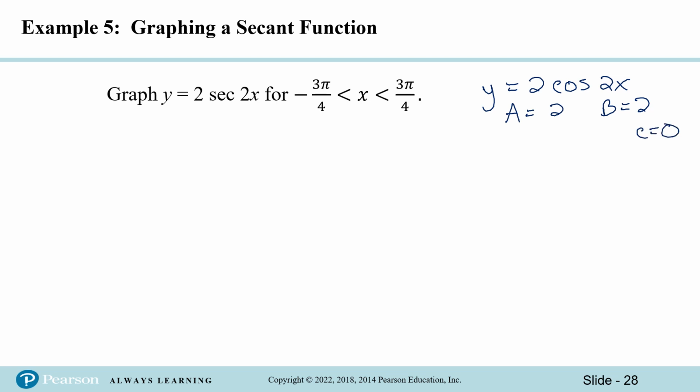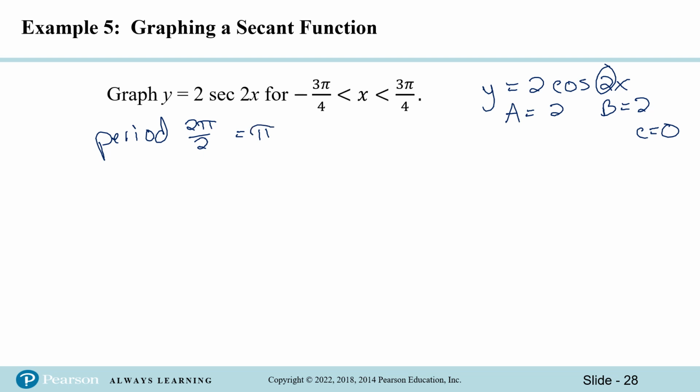Because it's the cosine, our period is 2 pi divided by b, which gives me pi.